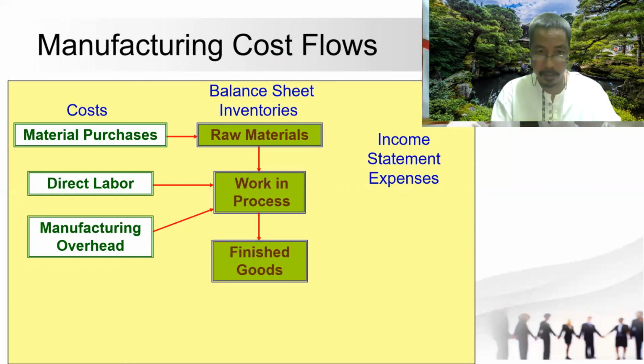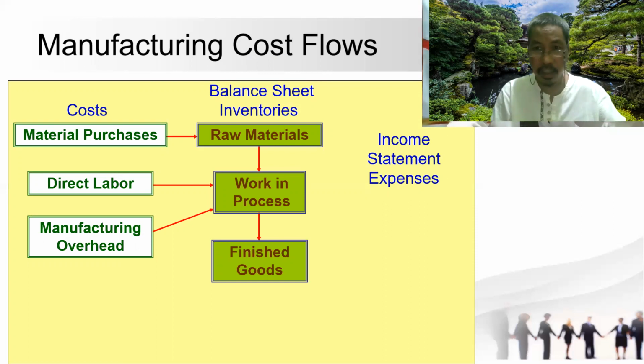Okay, next, finished goods. You can compute by adding raw materials, work in process. So there is what? Sequential. We cannot do work in process without doing raw materials. So first, you have to compute material purchases. So how to compute?